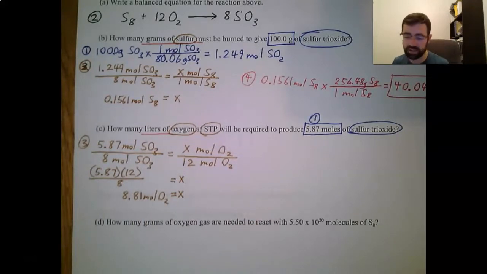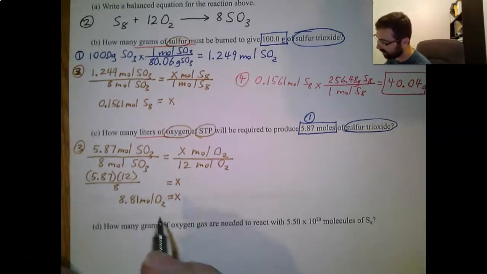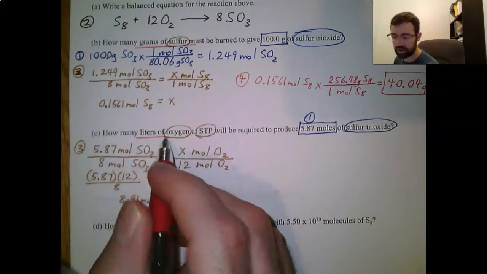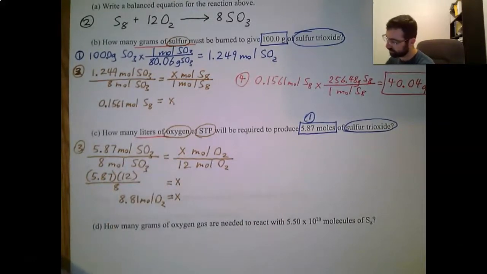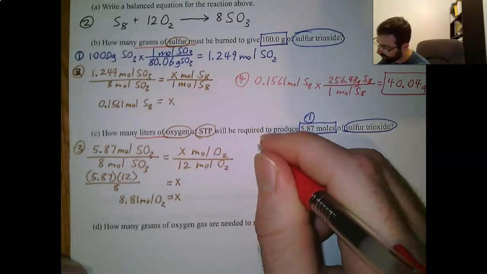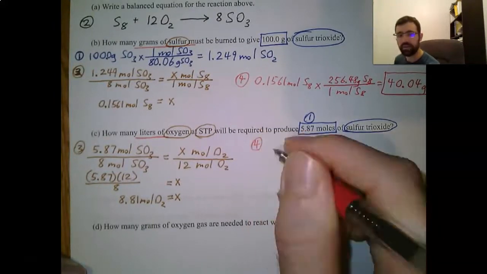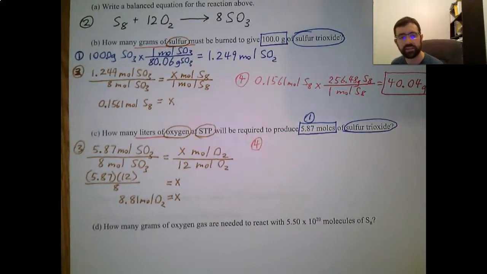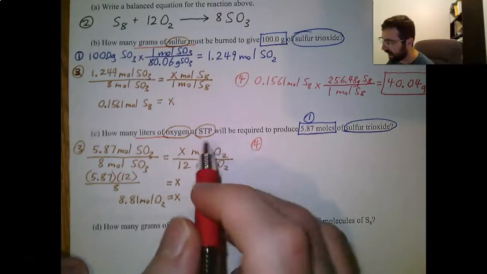Step 4, we just need to find what I'm looking for. I'm looking for liters of oxygen. So in step 4, I'm going to find liters of oxygen at STP. Now, if you remember, this is a gas law problem.